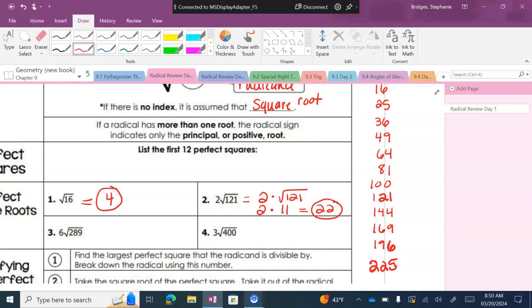We are dealing with perfect squares at this moment, so we should not be getting any decimals in our calculator. And remember, the number in front of it is that number times whatever the square root is under that radical sign.